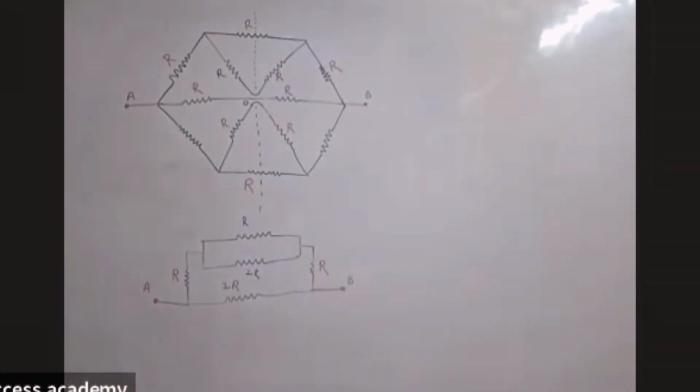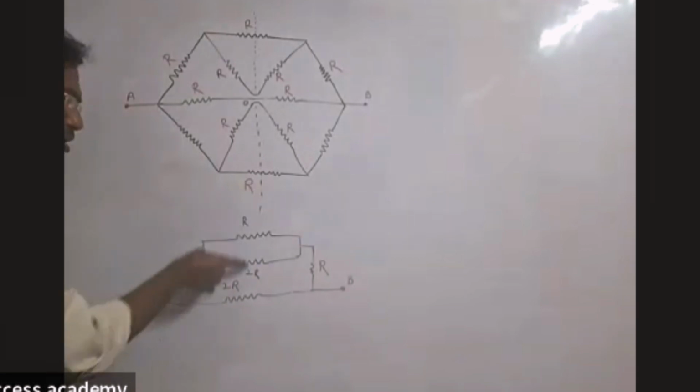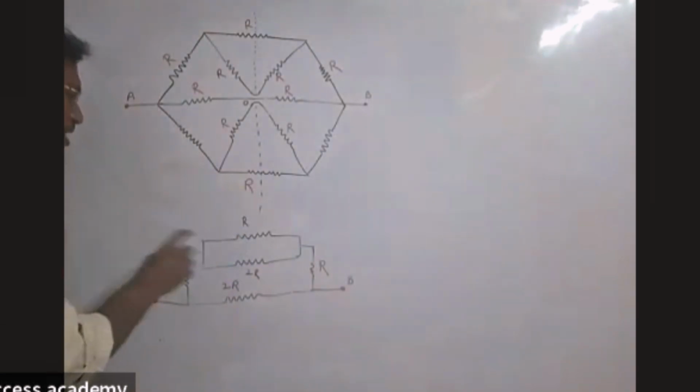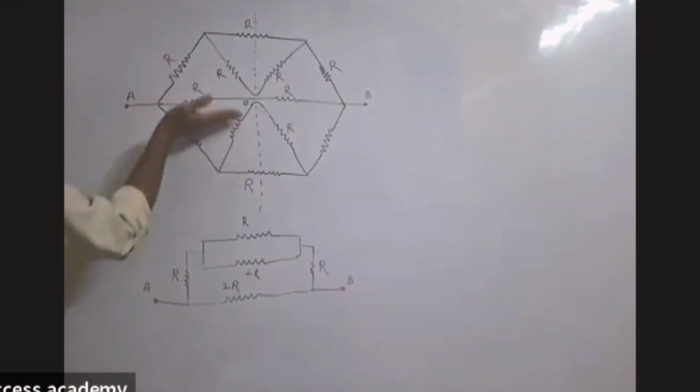Now here R and 2R, how are these two connected? Parallel, right? The same consideration applies to the downward part also.